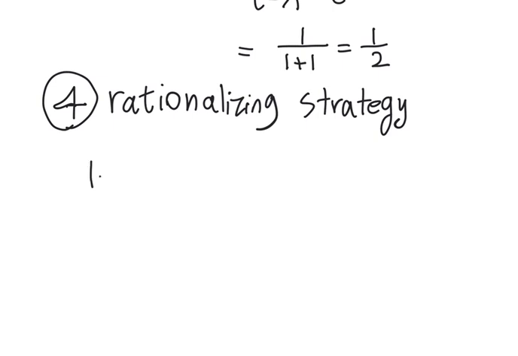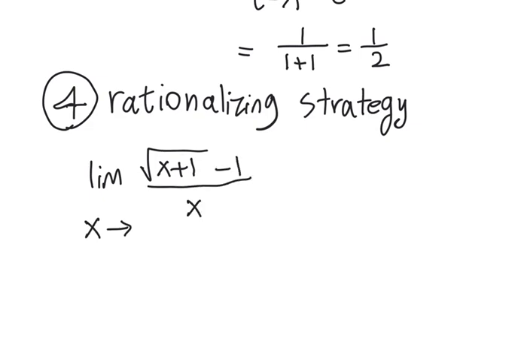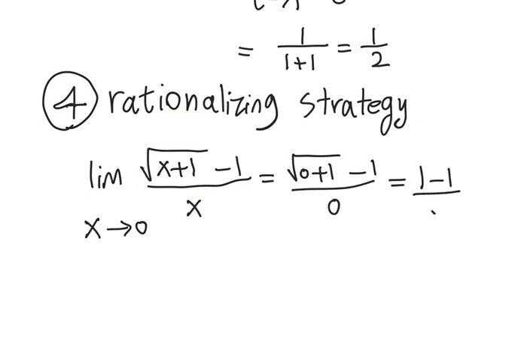For example, if we have the limit of root x plus 1 minus 1 over x as x goes to 0. Okay, let's substitute 0 in this fraction. It will be root 0 plus 1 minus 1 over 0, equals 1 minus 1 over 0, equals 0 over 0. As you see, again we have an indeterminate form.